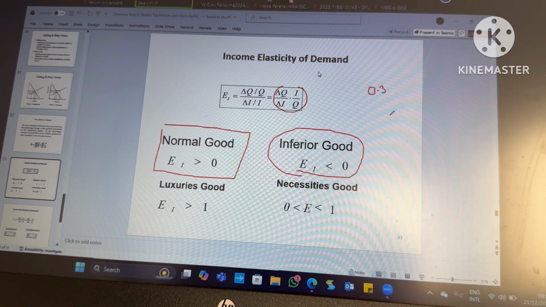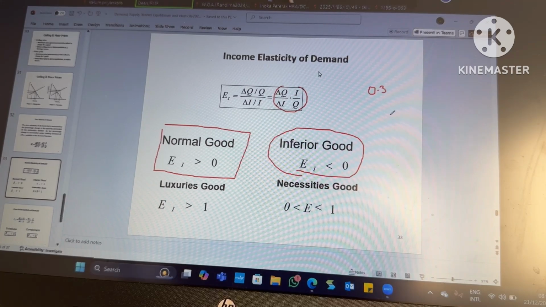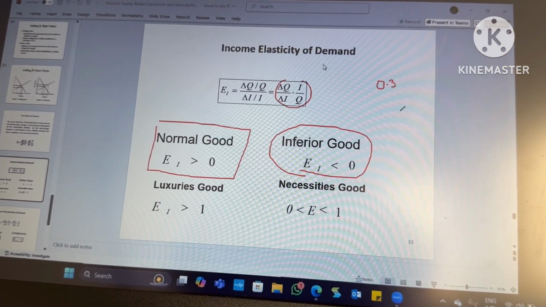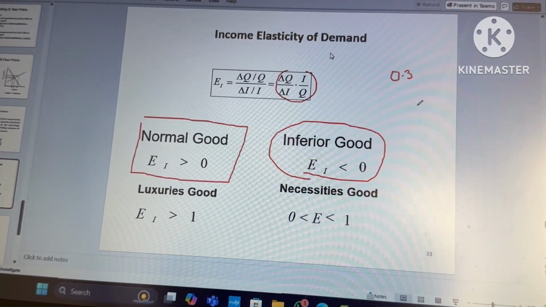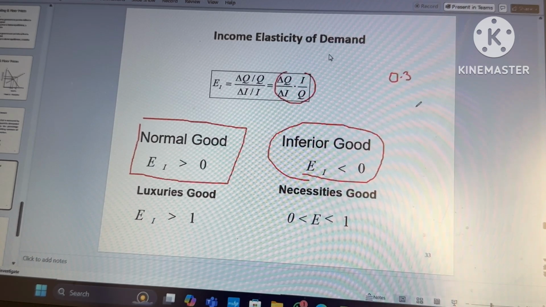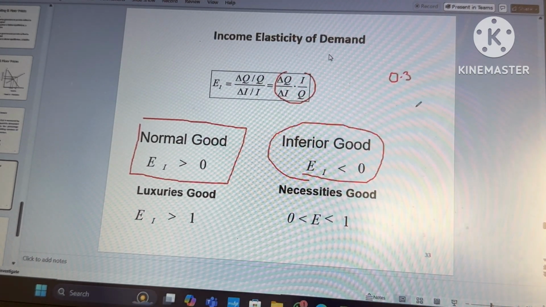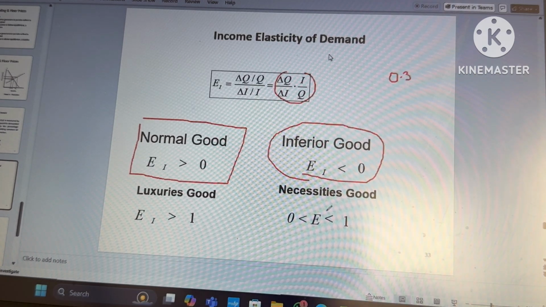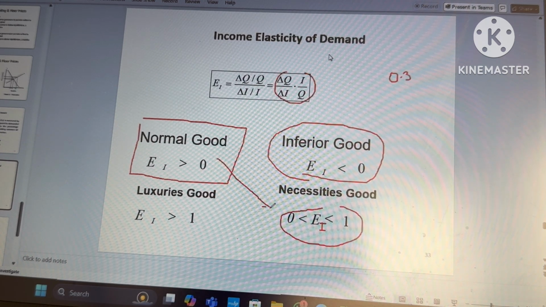So for you, if your income doubles, your income allows you to go for basmati or some other expensive, superior quality rice, and then for you those become the superior product. And for necessary products, income elasticity always lies between 1 and 0, for necessary or normal goods.